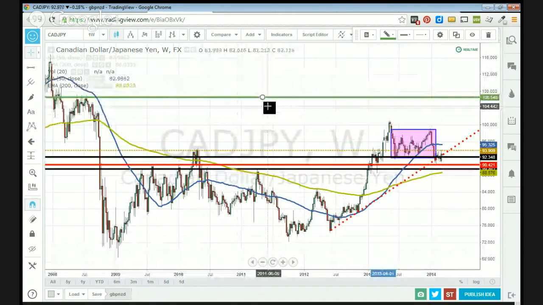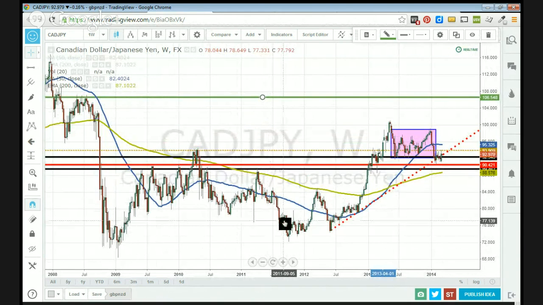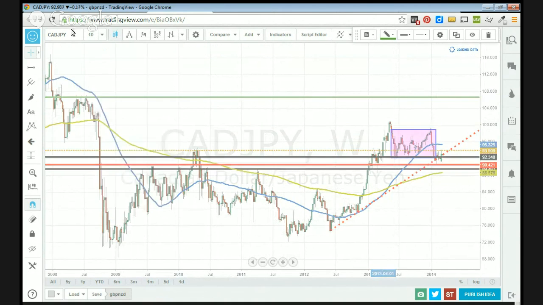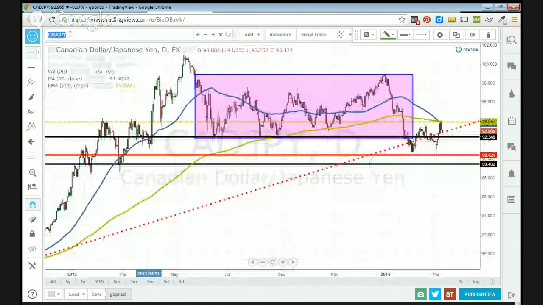All the way up here, 106.54, which is 1,400 pips. So it's going to be a reward risk of greater than 7 to 1. That's solid. But we'll come back to that. That is basically the trade I'll be looking to place at the moment. That does it with the Canada pairs.